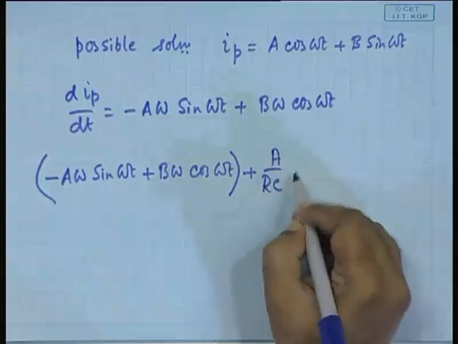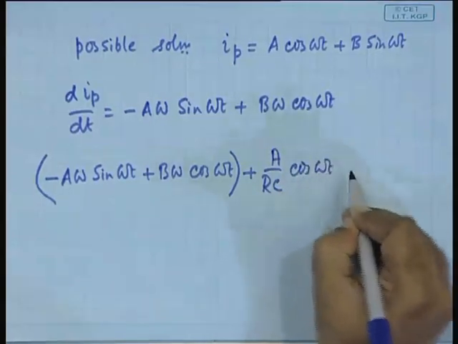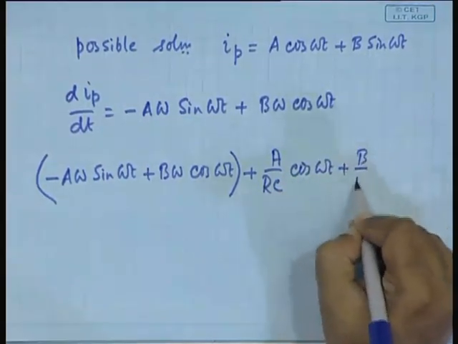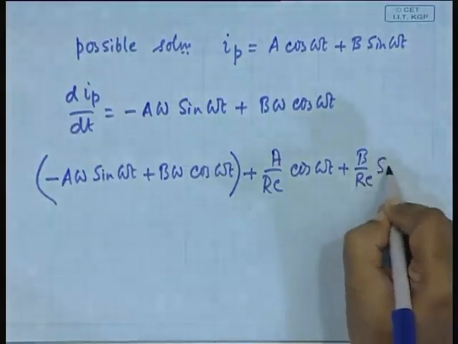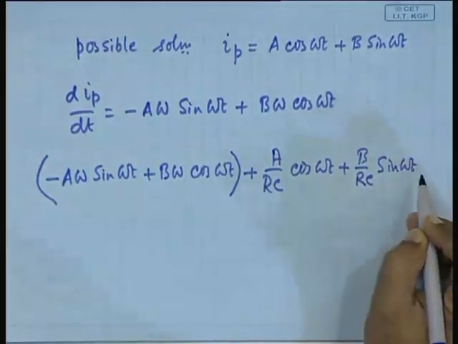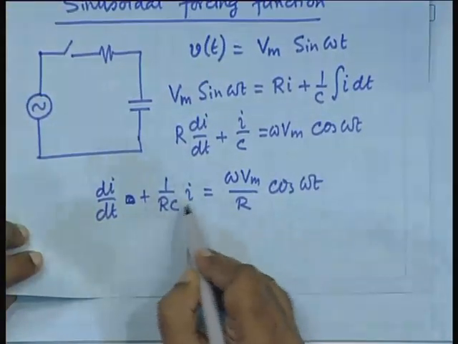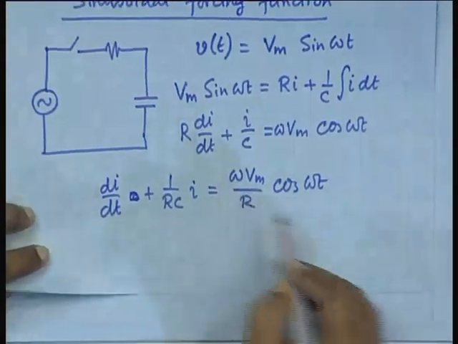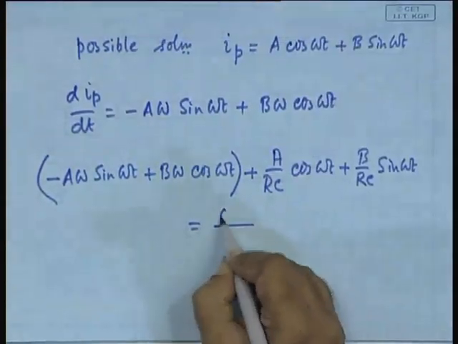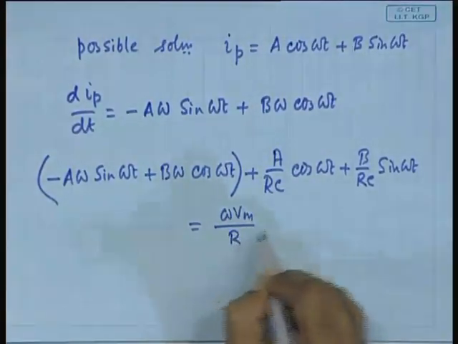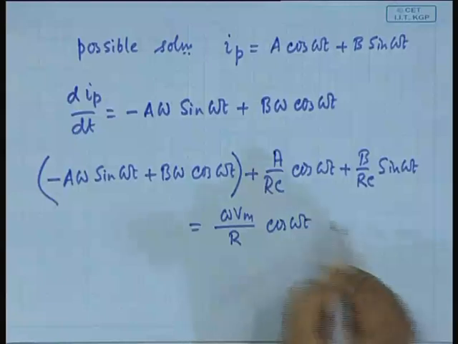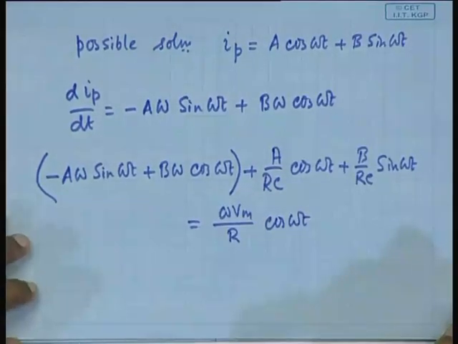So a by Rc cos omega t plus b by Rc sin omega t is equal to omega Vm by R cos omega t, fine.